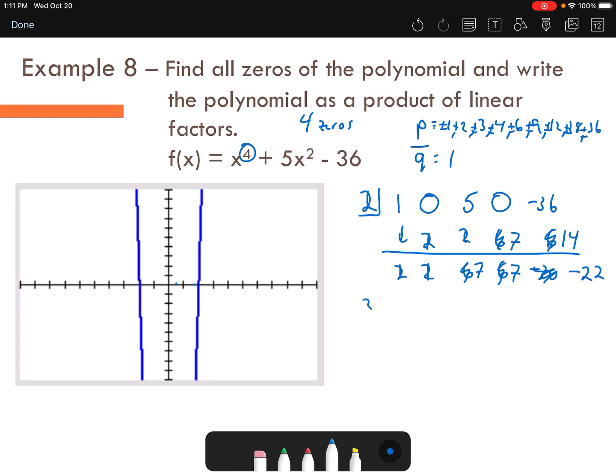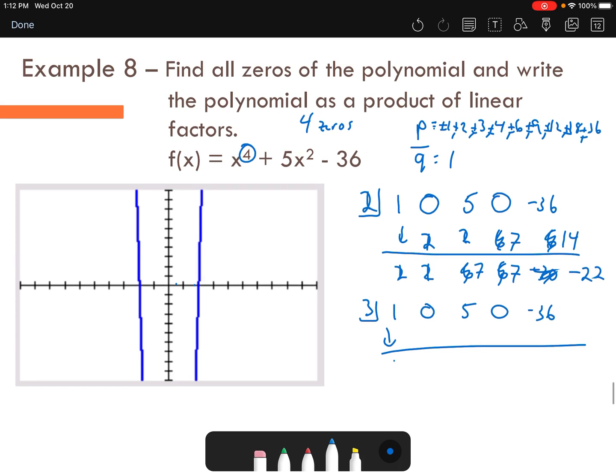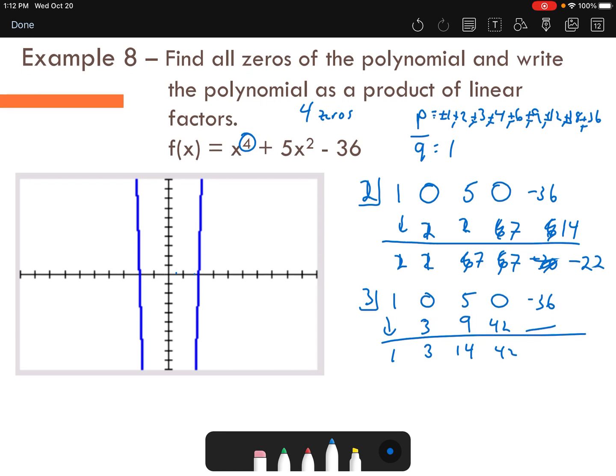Well, I guess we can try 3. Let's see, what do we come up with? 3, 9, 42. Nope, not even close.